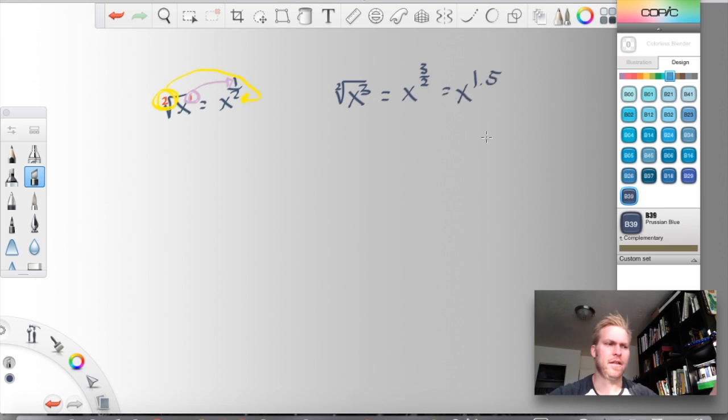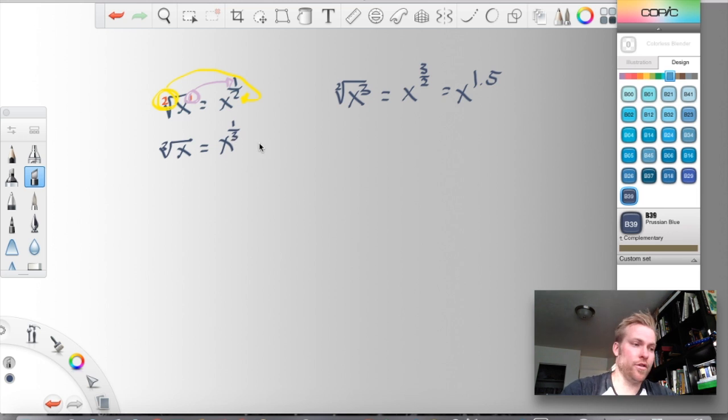Okay. You're going to see all different types of these as we progress, but let's just cover a couple real quickly. So if I have the third root of x, that's really x to the what? Well, my exponent here is a 1 because there's nothing written, right? So it's going to be a 1. And then my root is the third, so that becomes my denominator.